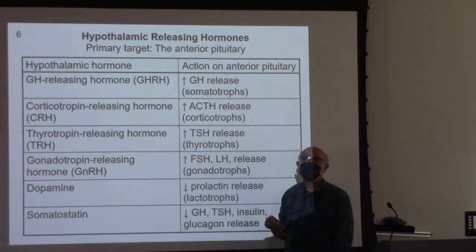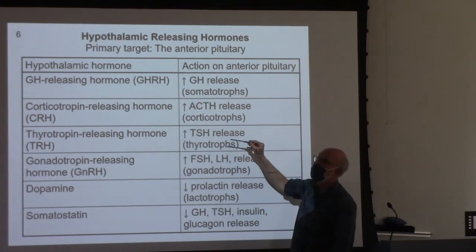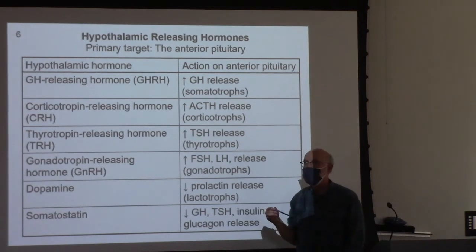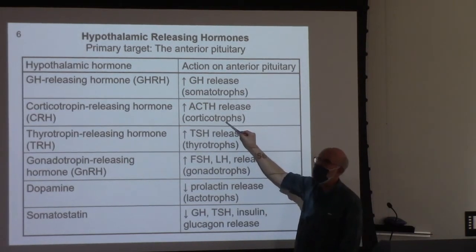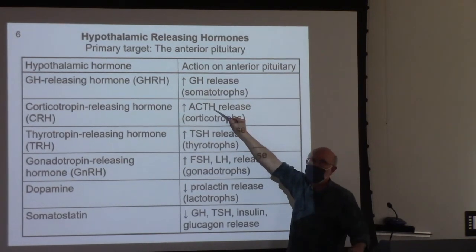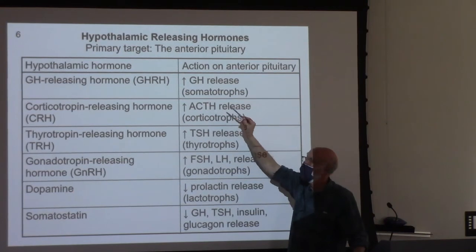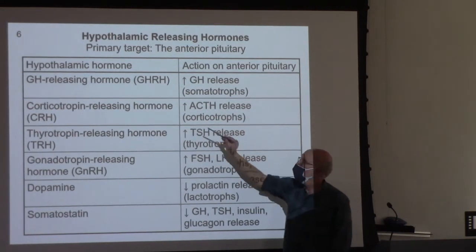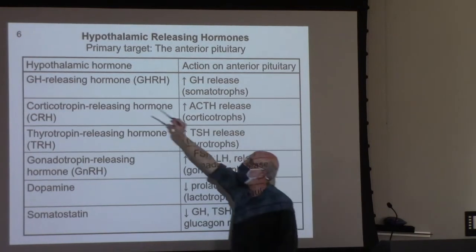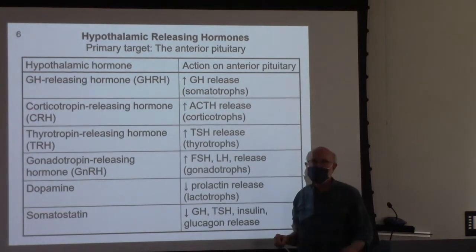ACTH is going to have an effect on the adrenal gland for the release of cortisol. So corticotropes do not release cortisol. They release ACTH, which triggers cortisol release from the adrenal. Okay? So the story is hypothalamus, anterior pituitary, hormone that has an effect downstream.